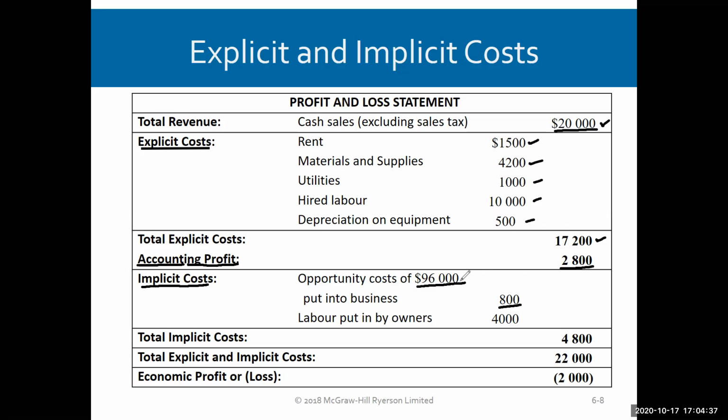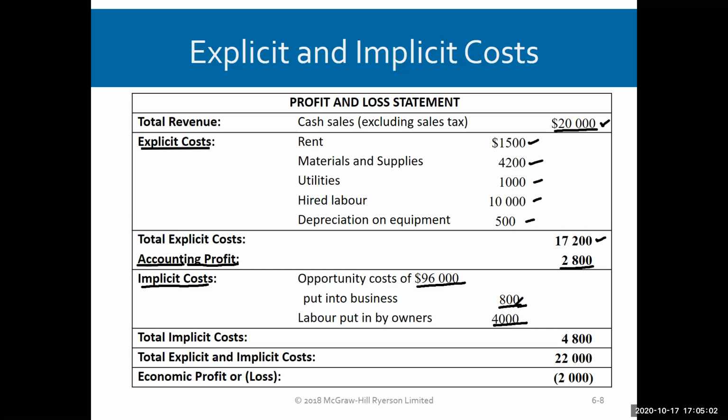They didn't technically give up the $96,000. That's still there. It's in their business, but they're giving up earning $800 a month on it. That's an opportunity cost of their financial investment. That's an implicit cost. They also gave up a couple of part-time jobs. So the labor that they used to put in and make in their part-time jobs was $4,000 a month.